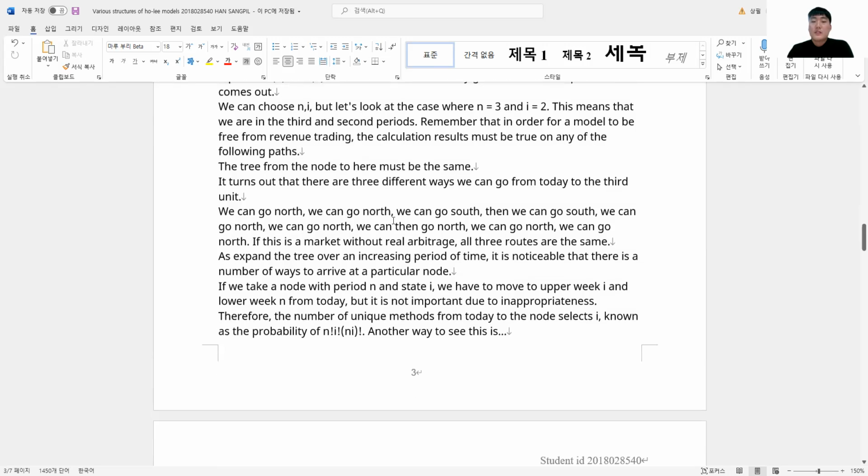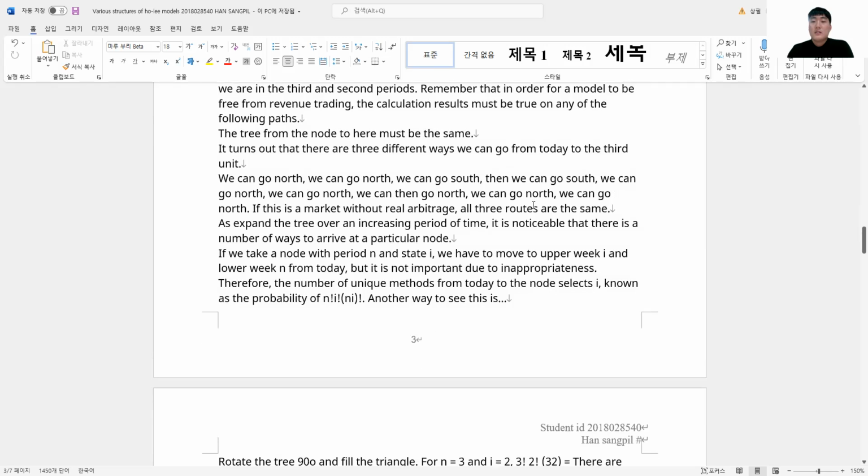We can go up, up, down; we can go down, up, up; and we can go up, down, up. If this is a market without arbitrage, our three routes are the same. Expanding the tree over an increasing period of time, it is noticeable that there are a number of ways to arrive at a particular node.